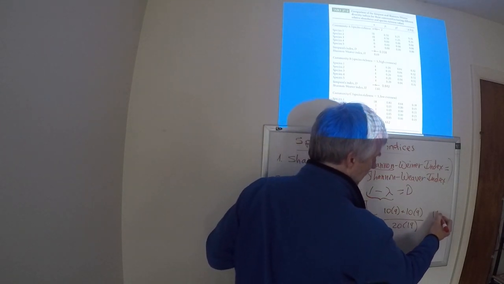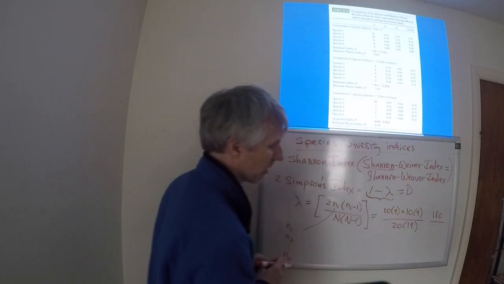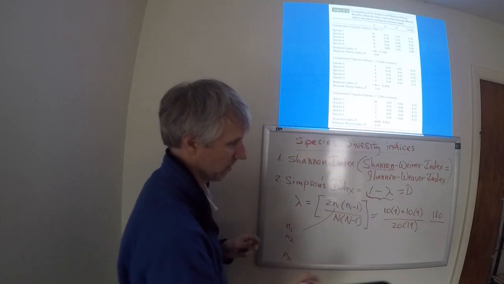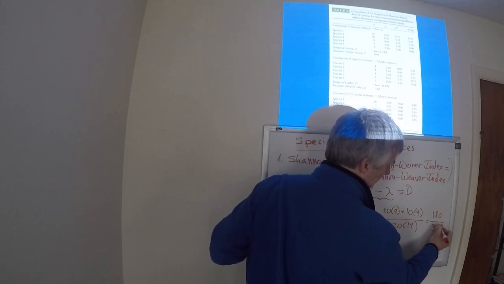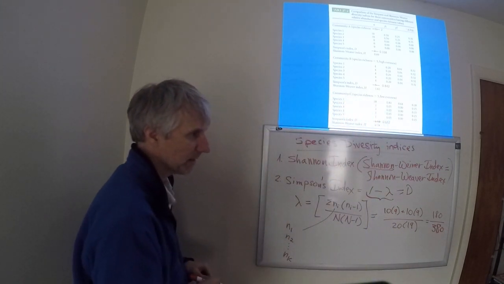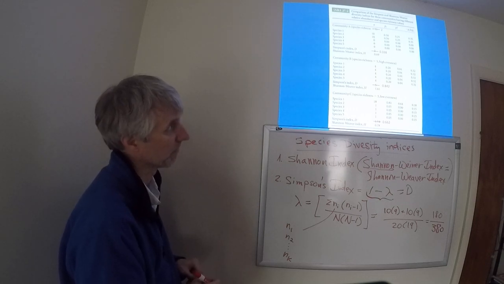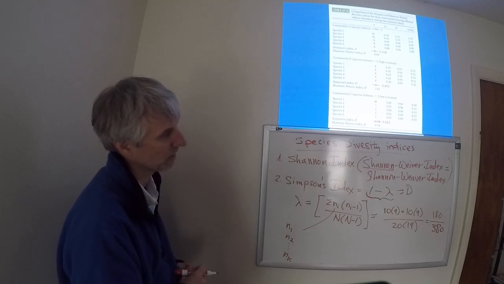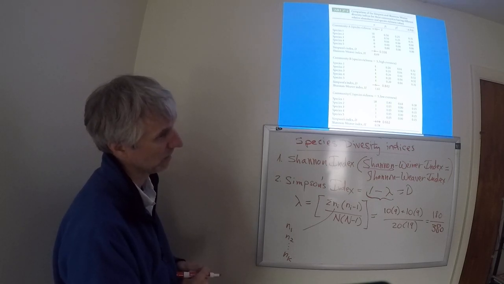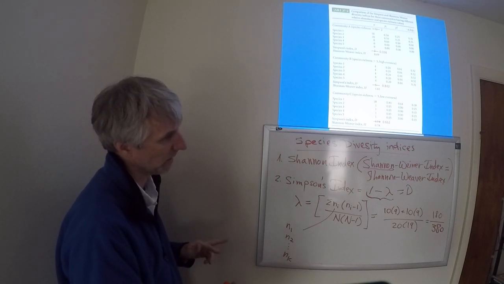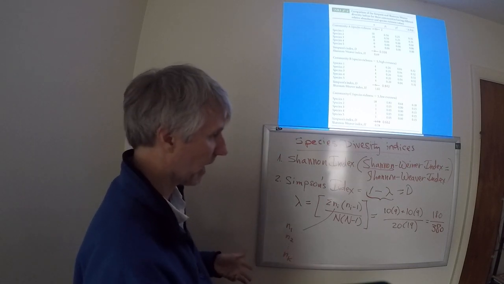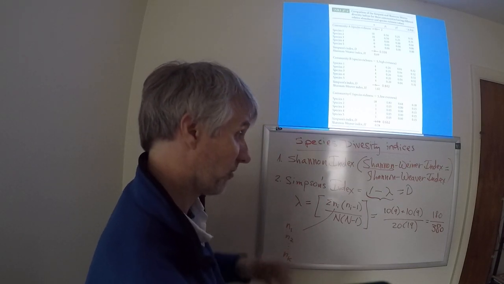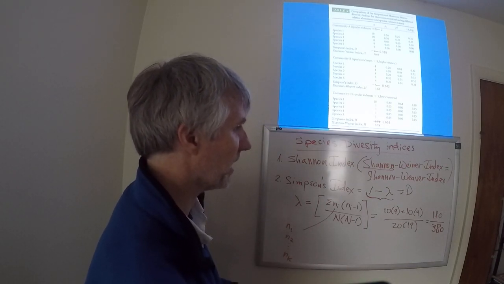That would be 180 over 380. Which is the same as 90 plus 90 is 180 divided by 400 minus 20 is 380.